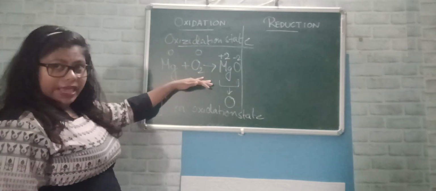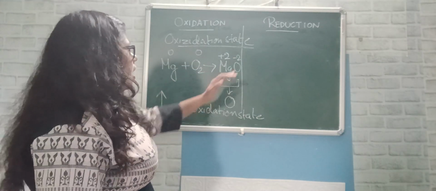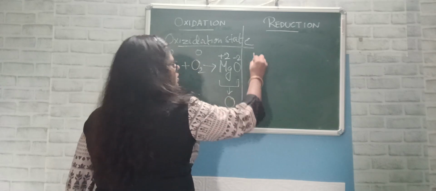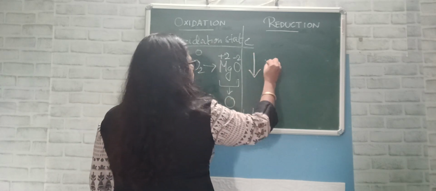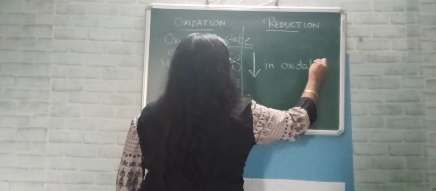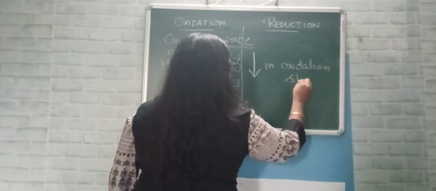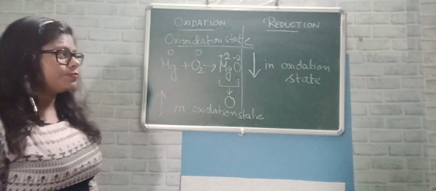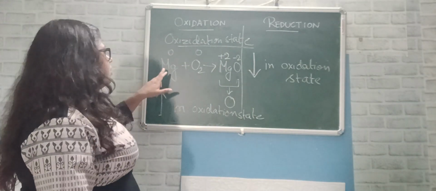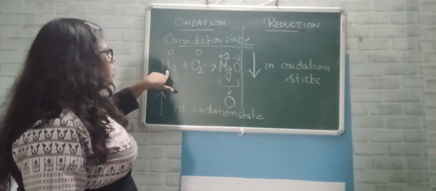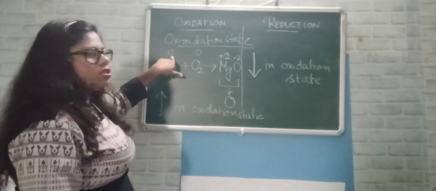Using the same equation, we will write that in case of reduction, there is always a decrease in oxidation state. Let's see how. Earlier, let's take the example of magnesium. Magnesium earlier had oxidation state 0.